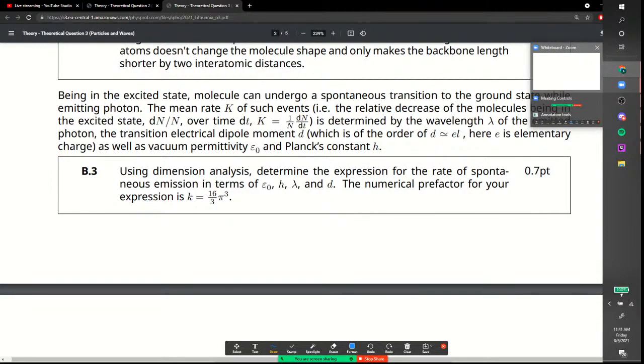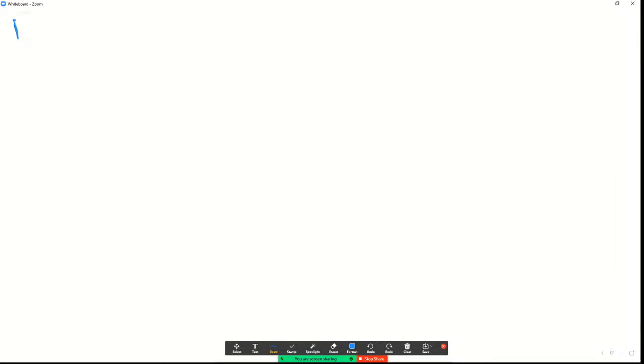Okay, you can read this one. Being in the excited state, the molecule can undergo spontaneous transition to the ground state while emitting a photon.